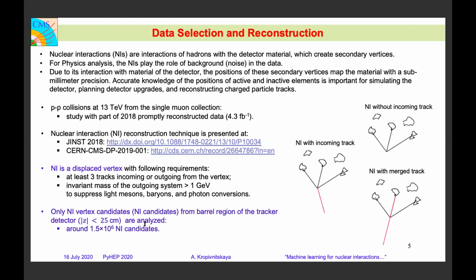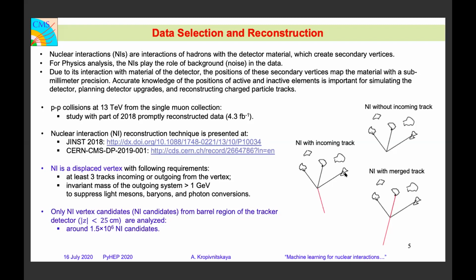This analysis is based on proton-proton collisions, and we used part of the 2018 data. The nuclear interaction reconstruction technique is described in these two papers. If you are interested, you could look inside of them. Briefly, a nuclear interaction is just a simple displaced vertex with some requirements. We require at least 3 tracks incoming or outgoing from the vertex.